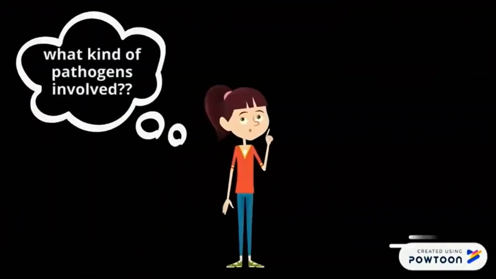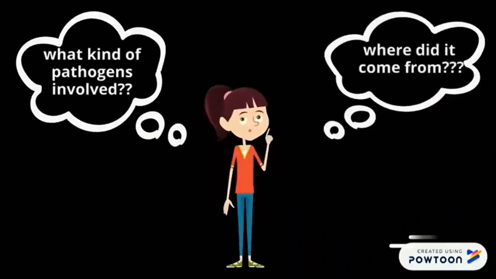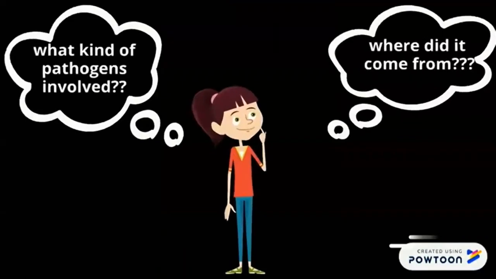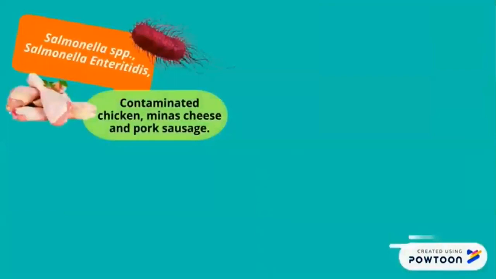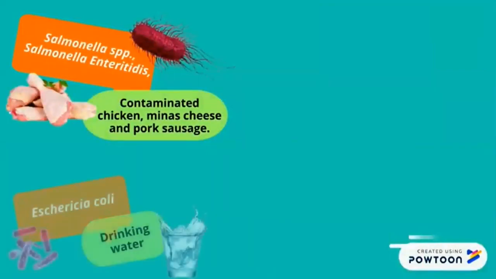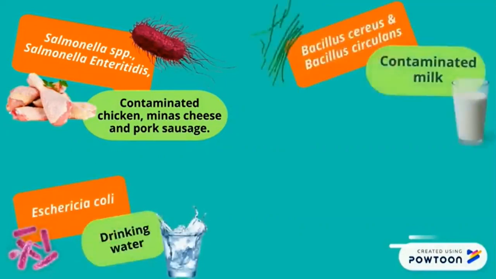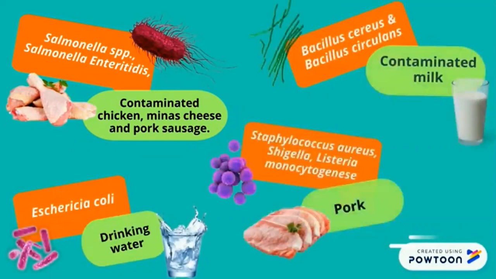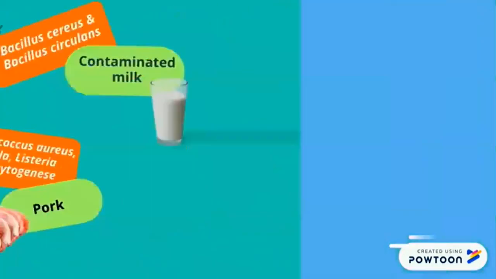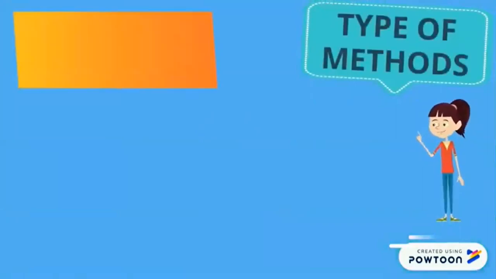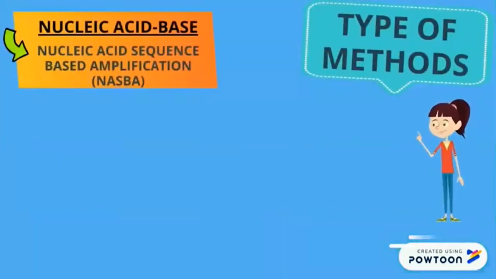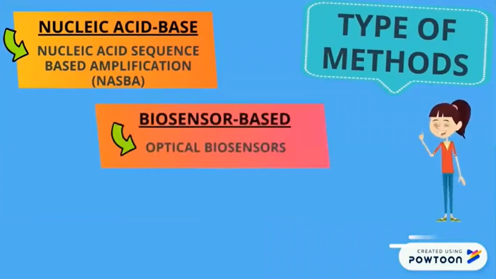What kind of pathogens are involved? And where did they come from? Salmonella in contaminated chicken and sausage, E. coli in drinking water, Bacillus in contaminated milk, and Staphylococcus in pork. Here are three types of rapid methods to detect foodborne pathogens.